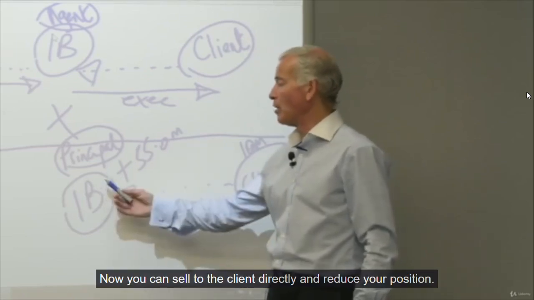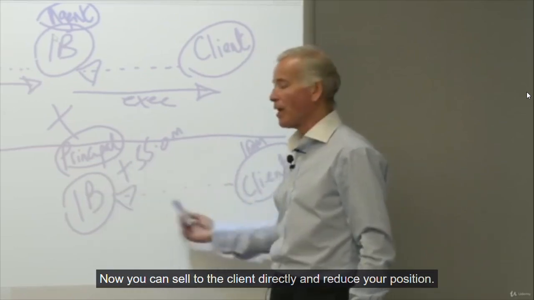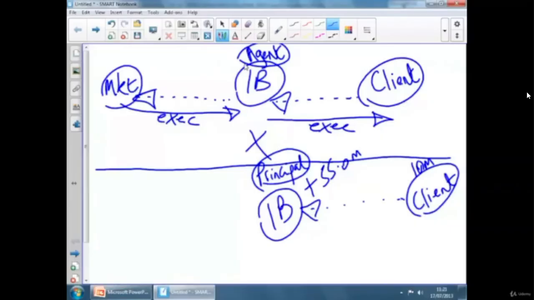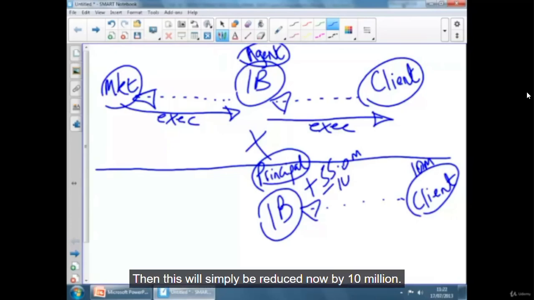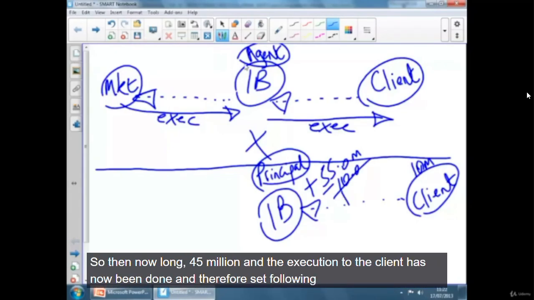Now you can sell to the client directly and reduce your position. So let's assume that that's what happens, that the investment bank's trader actually does that. Then this will simply be reduced now by 10 million. So they're now long 45 million. And the execution to the client has now been done.